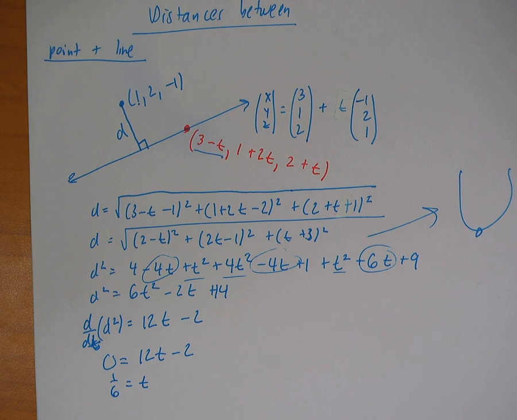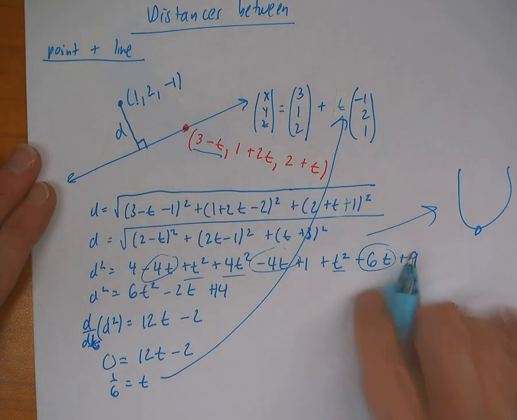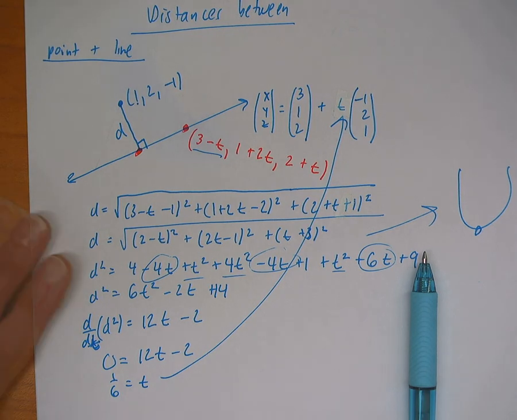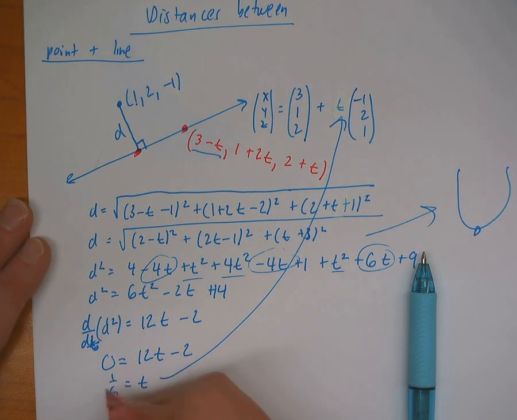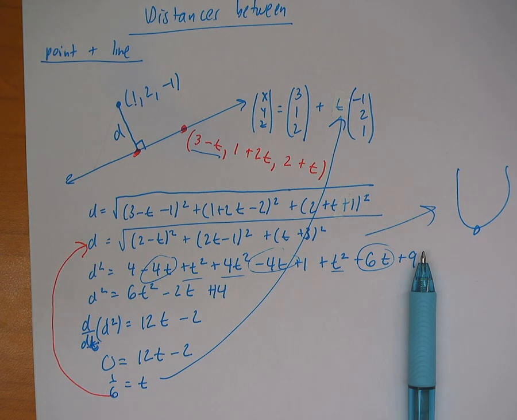So what I can do now is plug that into my line to get the actual point of where that will be. That will be the point that's closest. Actually, I could just skip that and plug back into here if I wanted to, because what we really want is the distance, right?